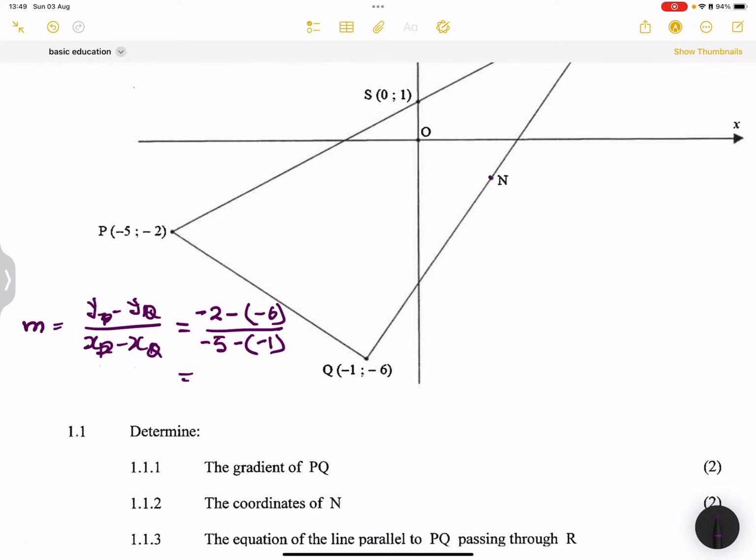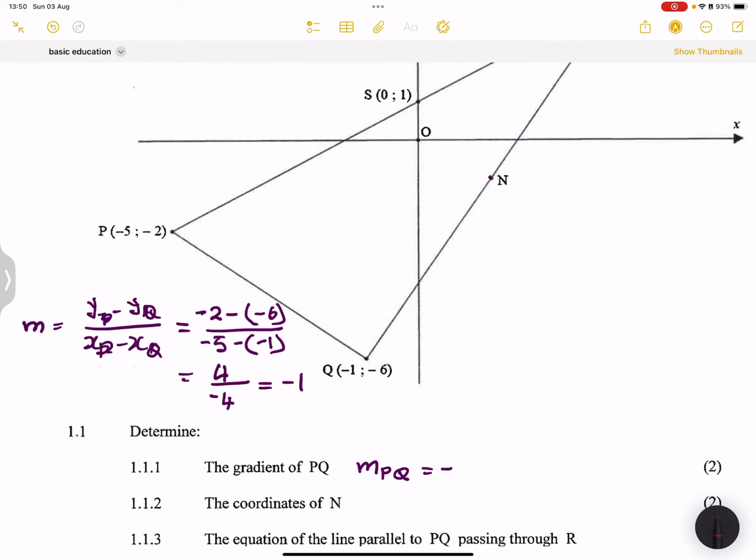So we've got negative 2 plus 6, which will give us positive 4, divided by negative 5 plus 1, which also gives us negative 4. So our gradient is going to be equal to negative 1. We know that the gradient of PQ is equal to negative 1.